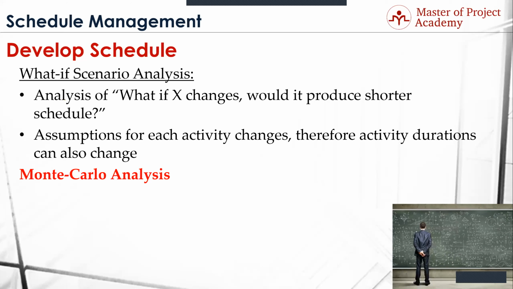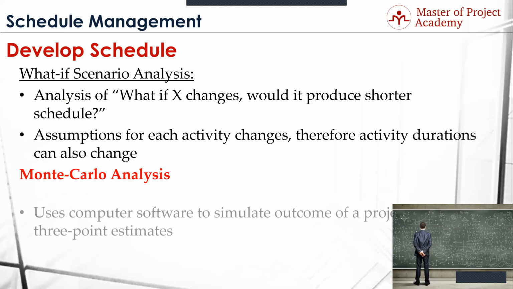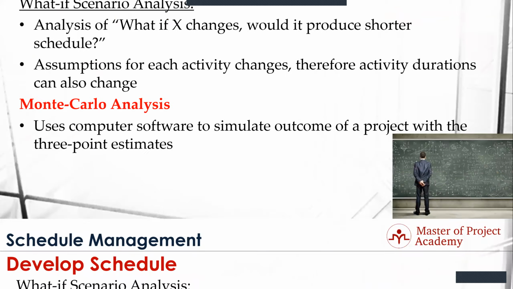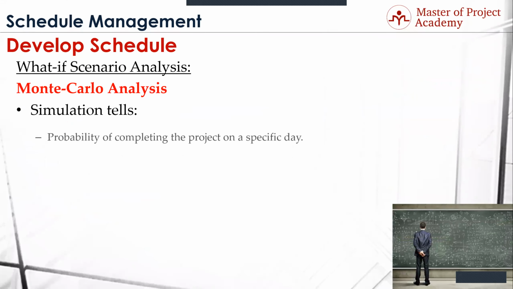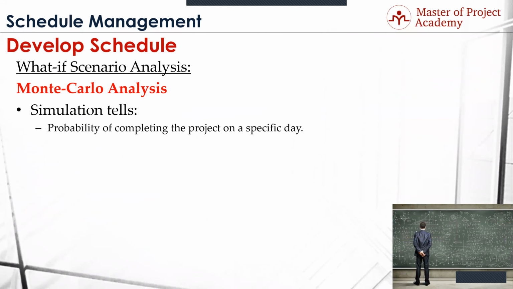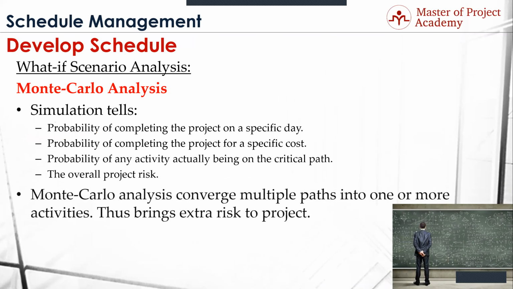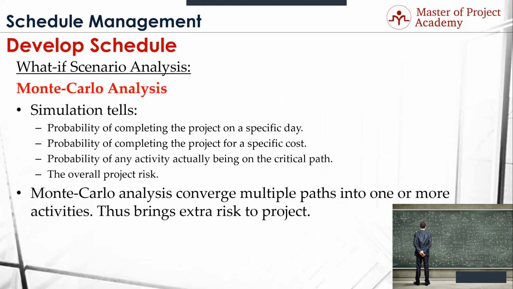It's also expensive, both in the computer software and the time, etc. But it's a great tool if you use 3-point estimates. Simulation tells you the probability of completing the project on a specific day, completing it for a specific cost, probability of any activity actually being on the critical path, overall risk of the project. It's a pretty darn good tool.